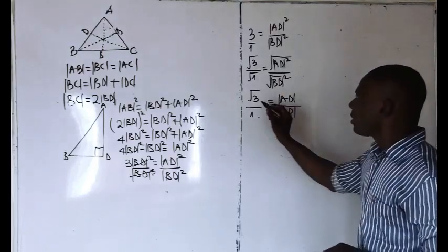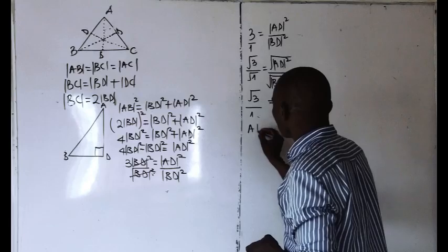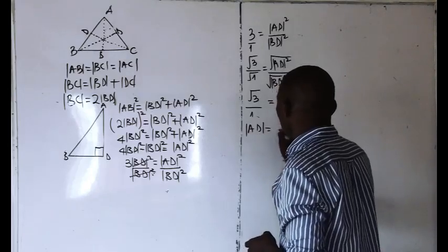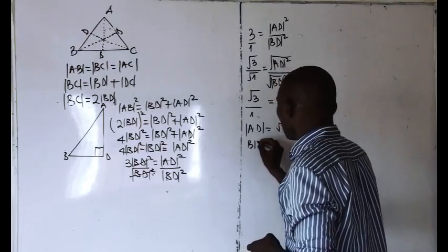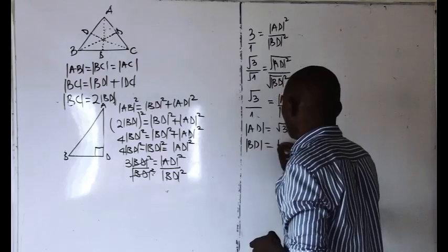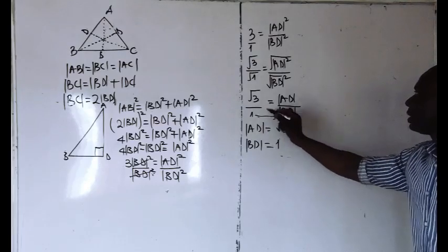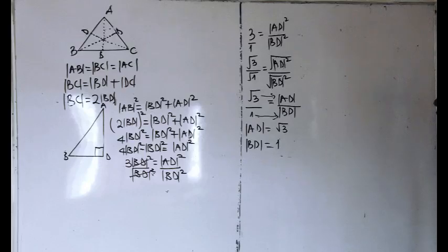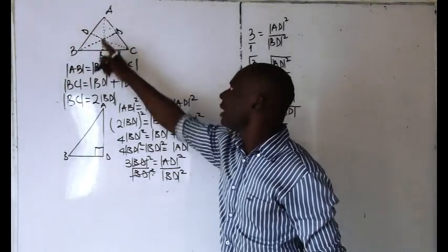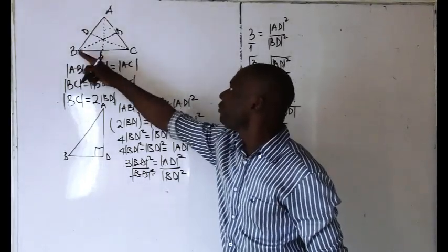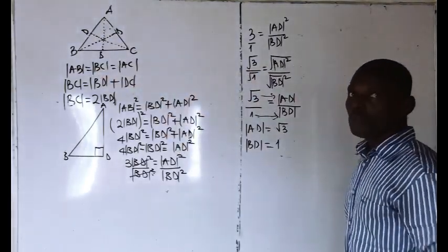By equivalence, it means that line AD is equal to root 3, then the line BD is equal to 1. Line BD is equal to 1 from here. So if you compare, this is to this, while this is to this. So with that, we know that this length AD is root 3.